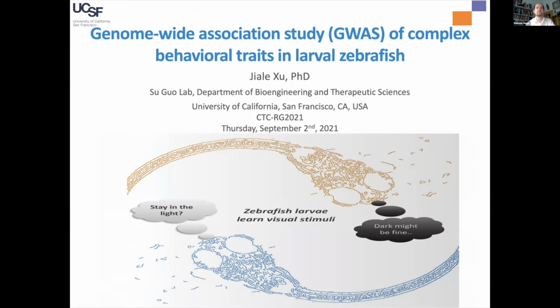Okay. Hello, everybody. My name is Jiale, and I'm a postdoc from Sugo's lab at the University of California, San Francisco. Today, I'm just going to present my recent research work about the GWAS for complex behavioral traits using larval zebrafish.